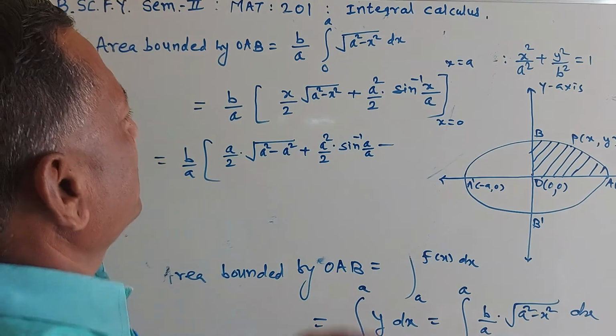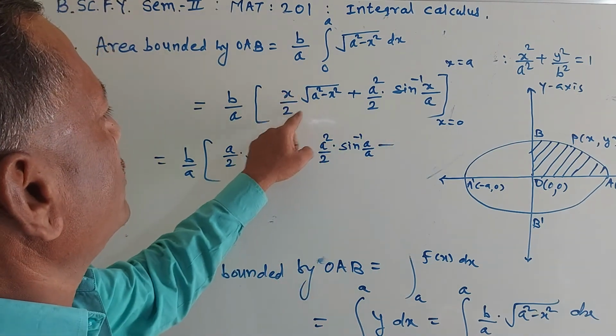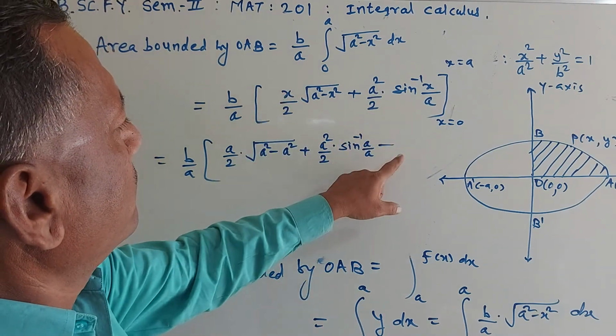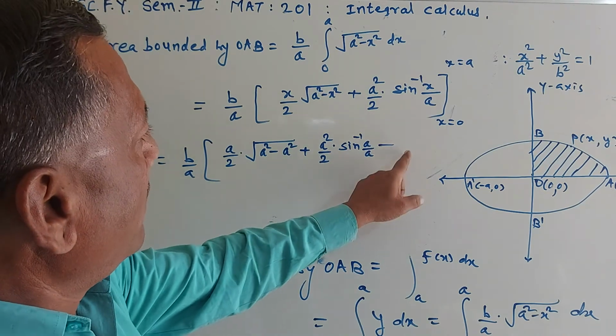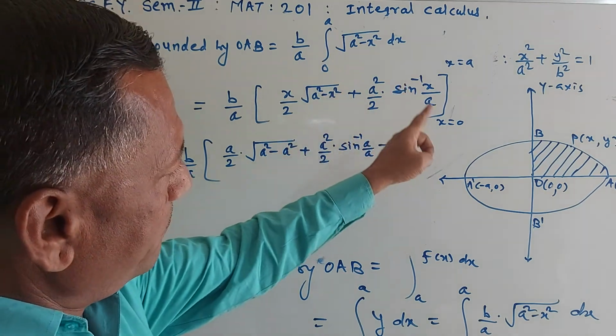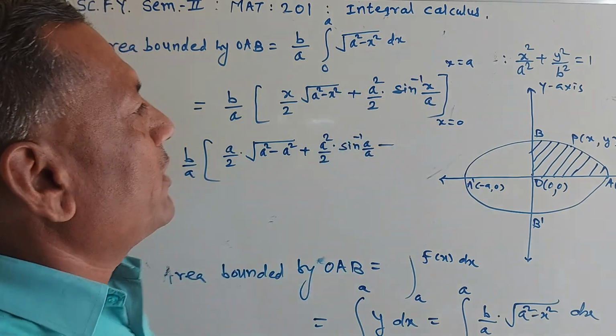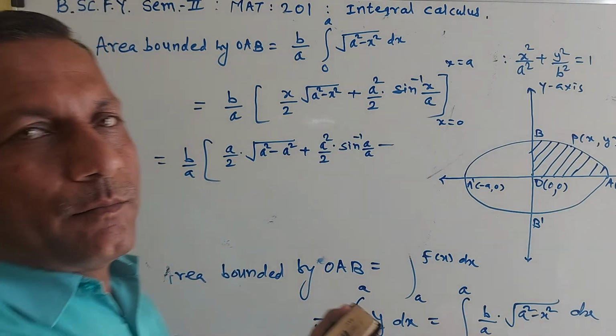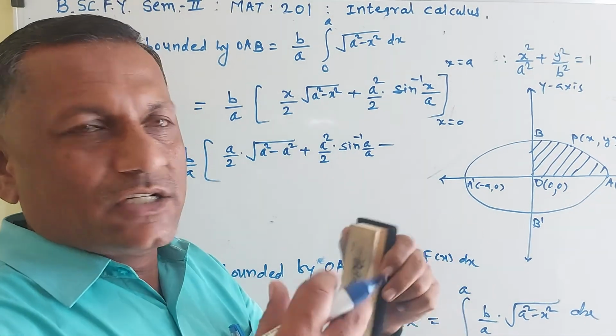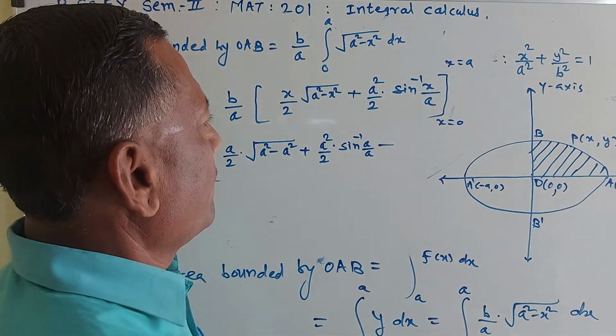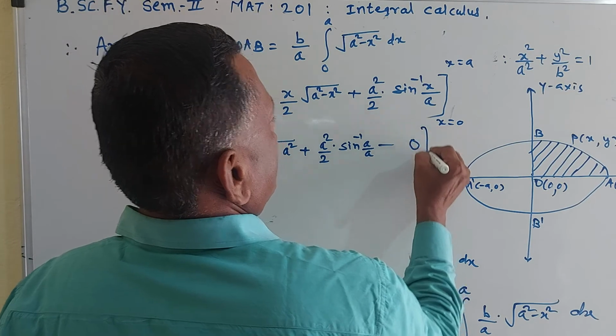Minus, for x equal to 0, a squared upon 2 sine inverse of 0 upon a. Sine inverse 0 means 0, since the value of sine 0 is 0. Therefore, the lower limit is 0.